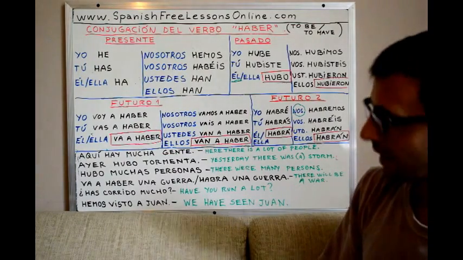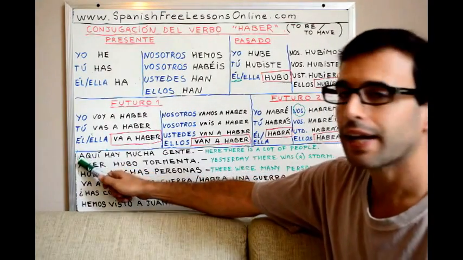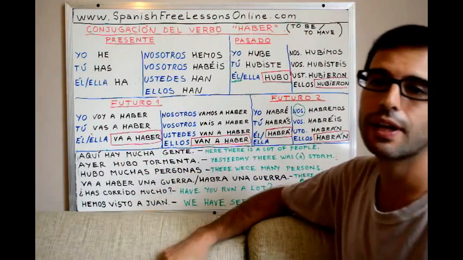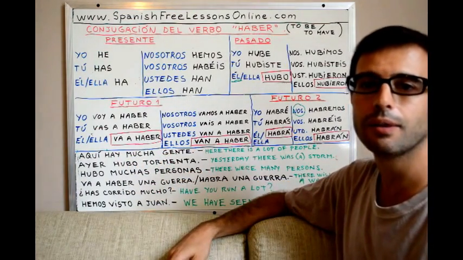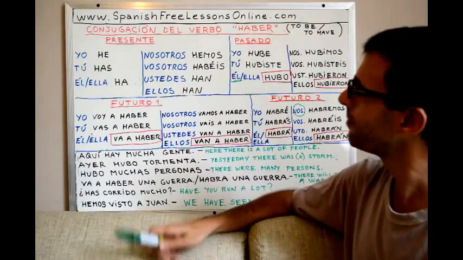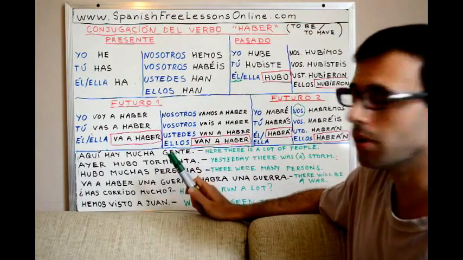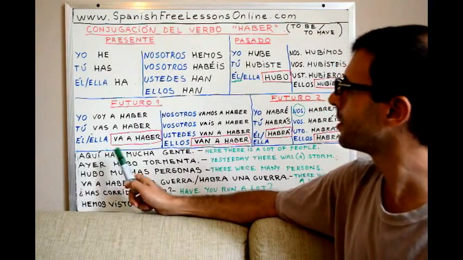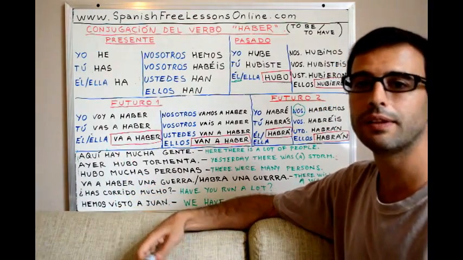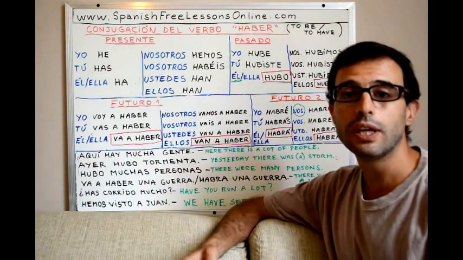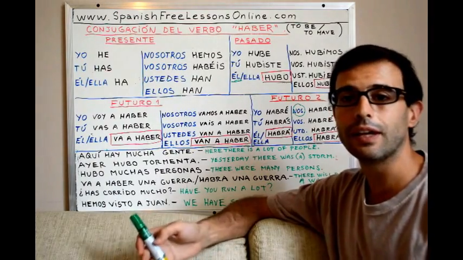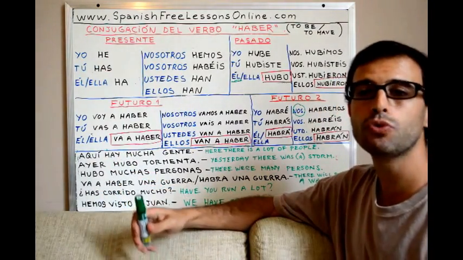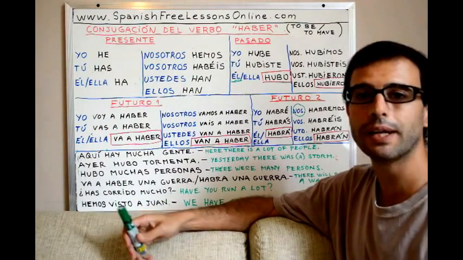So let's take a look at the first one. We have aquí hay mucha gente. Gente means people. Aquí means here, right? Mucha means plenty. If you remember when we spoke about plenty and many, mucha is plenty, muchas would be many.